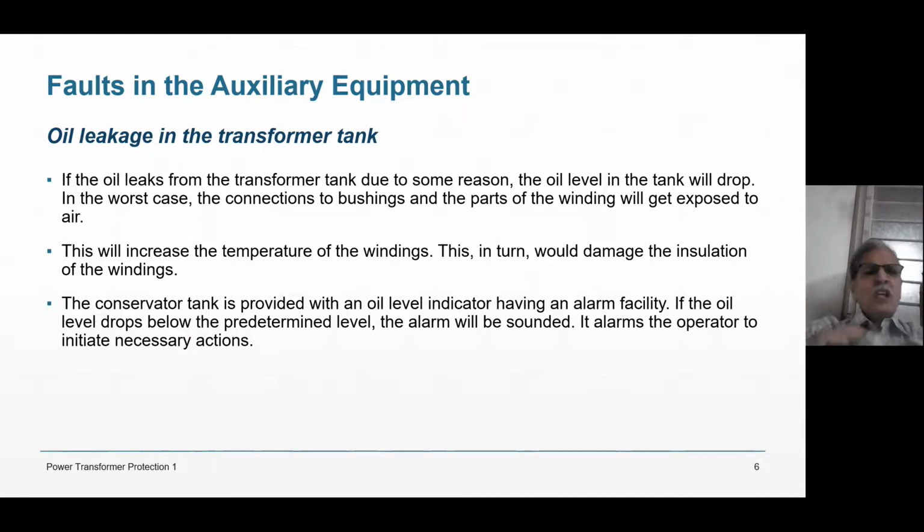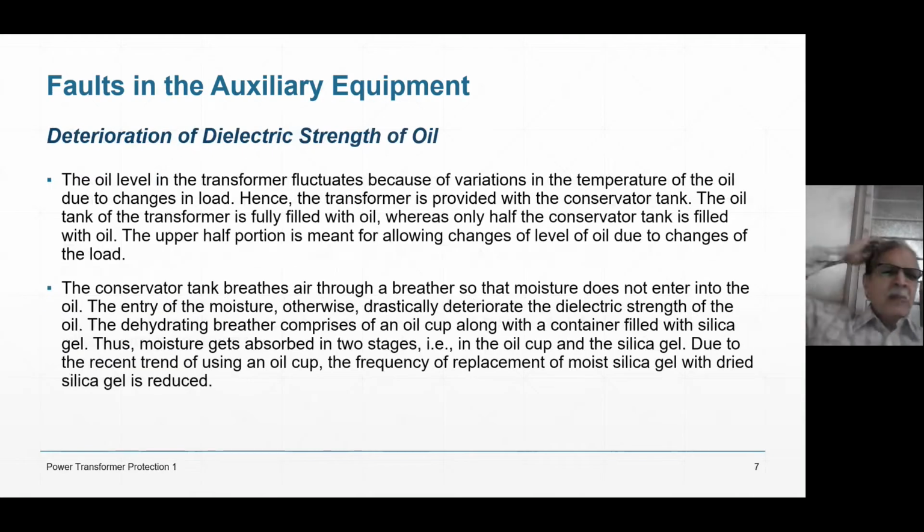You can go to the transformer and see where the oil is leaking, and you can take the necessary actions to stop that leakage, right? So oil level indicator in the conservator tank is also a very important protective device. You see, this cannot be done by any electrical relay. So these things one has to remember. So this is the oil leakage, the first abnormality.